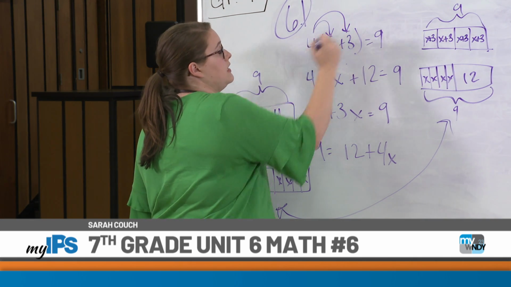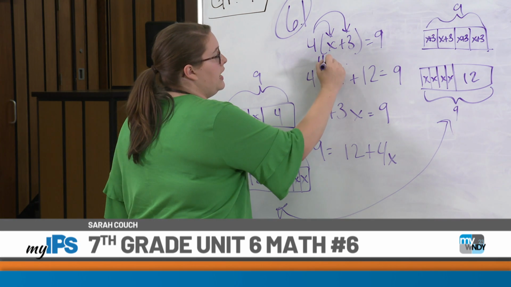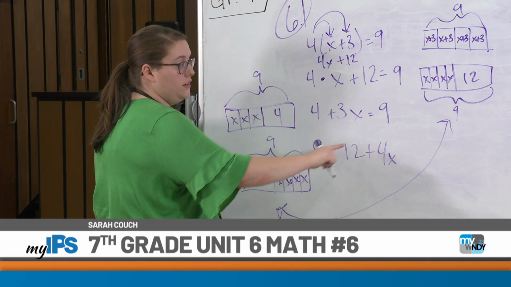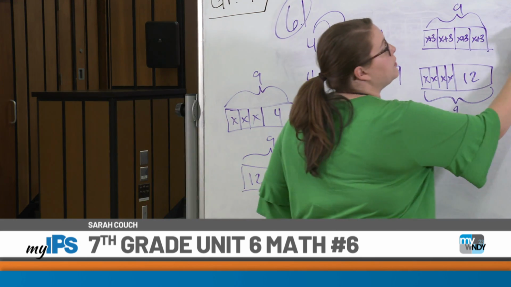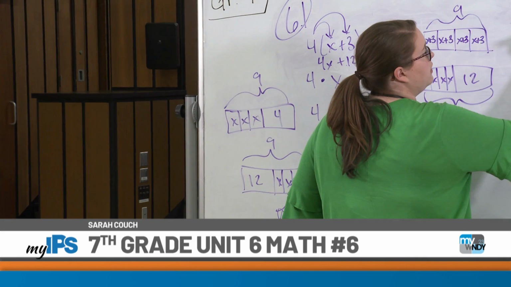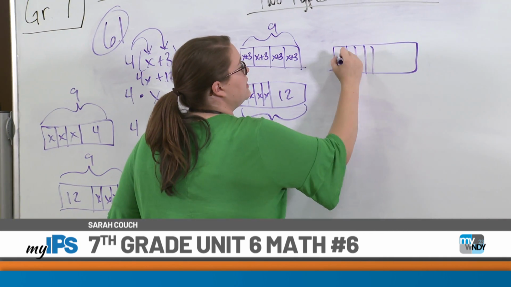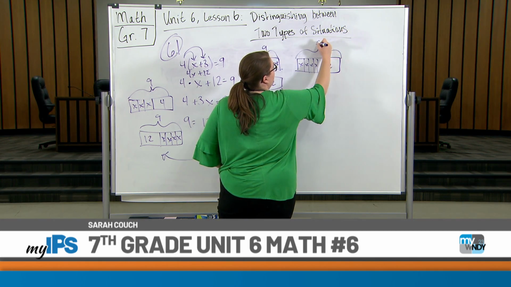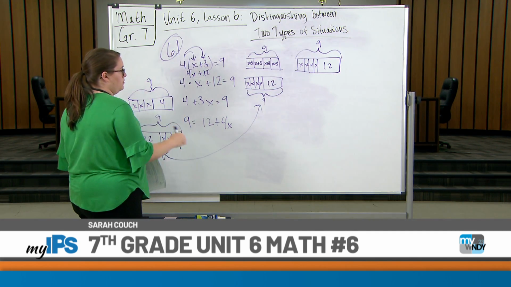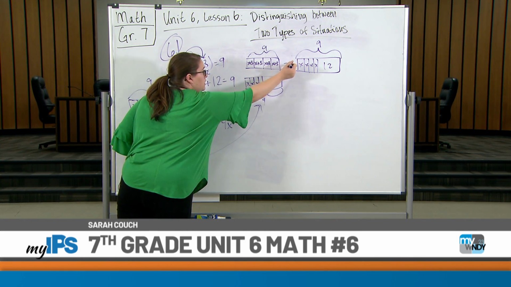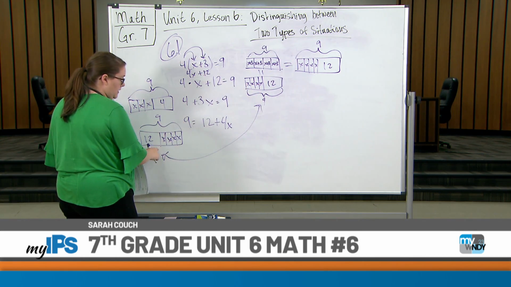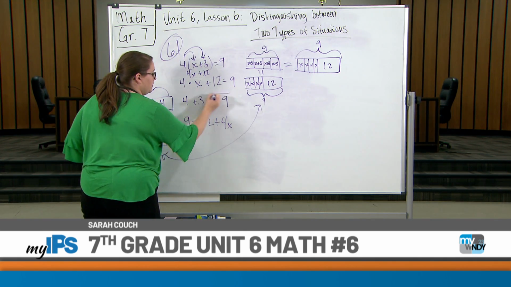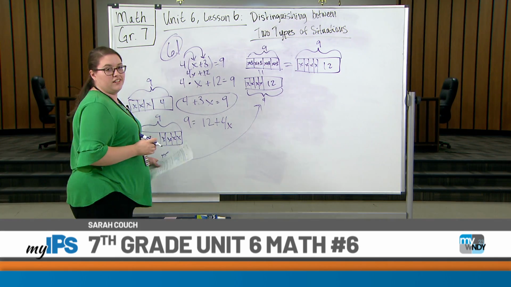So if I distributed this out, I would actually get 4x, and then I would add my 12, which should sound very familiar to our other two problems, and it can be written the same way. 1, 2, 3, 4 x's plus a 12 equaling the whole of 9. So this one is equal to this one, which is equal to this one, which is equal to this one, meaning that these three are all alike, and this one is the one that doesn't belong.